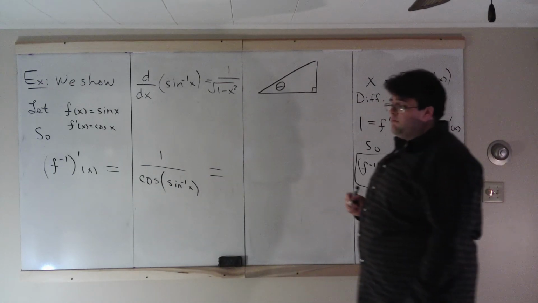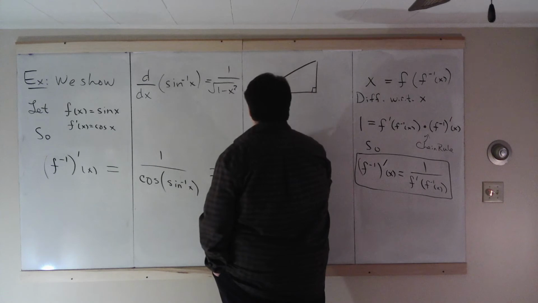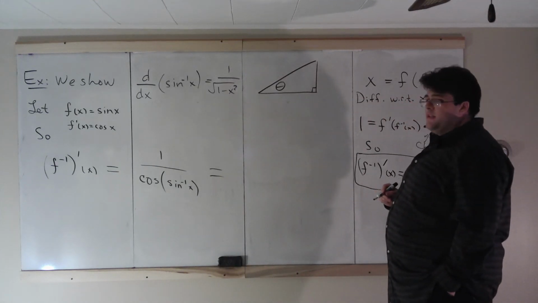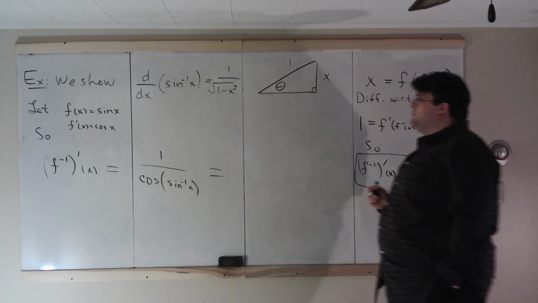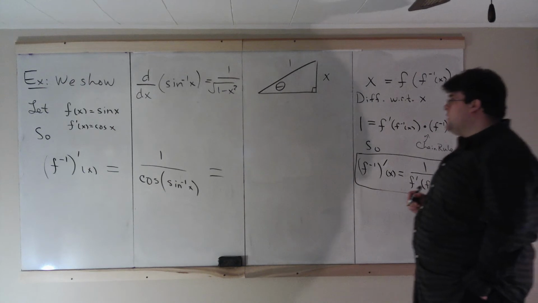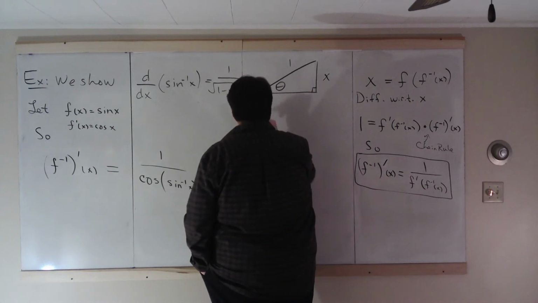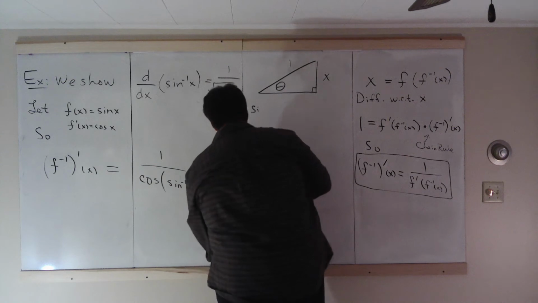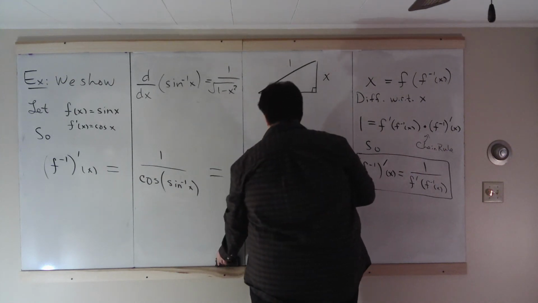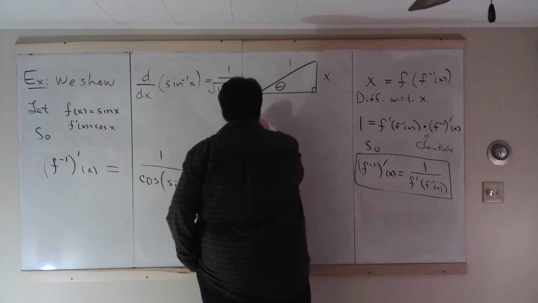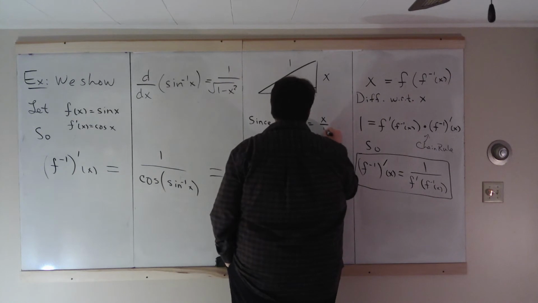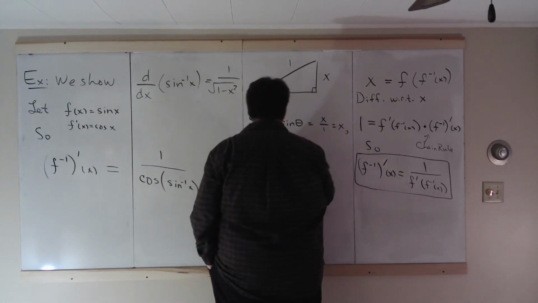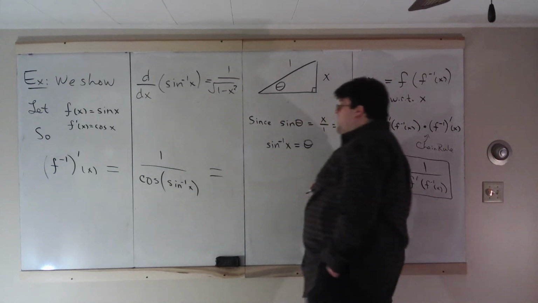Let's make theta equal sine inverse of x. How can we make theta sine inverse of x? Well, we need sine of theta to equal x. Sine is opposite over hypotenuse. So right now, sine of theta equals x. So since sine of theta equals x over 1, which equals x, sine inverse of x equals theta.